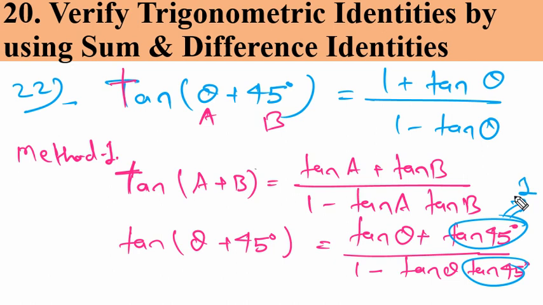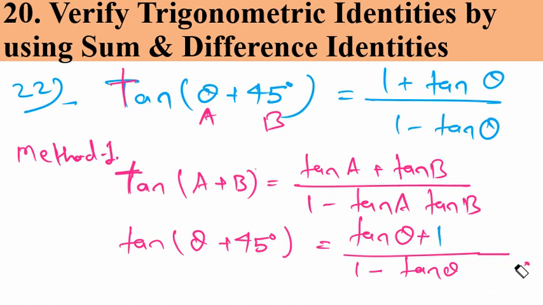You can put it in the calculator, you will get 1. So just substitute the value here, it will be 1, and this will also be 1. Because I have limited space, tan 45 is 1, and you can write tan theta plus 1 as 1 plus tan theta. That's not a problem, same thing. So that is your method 1.